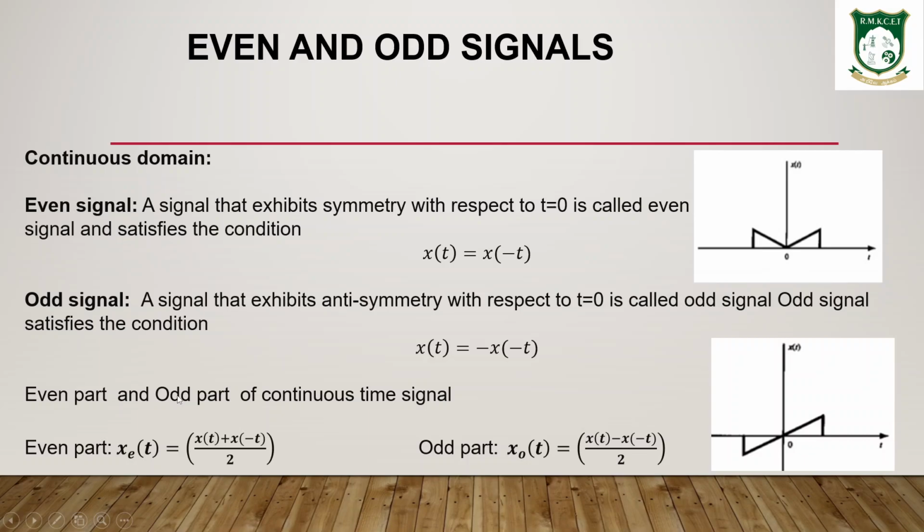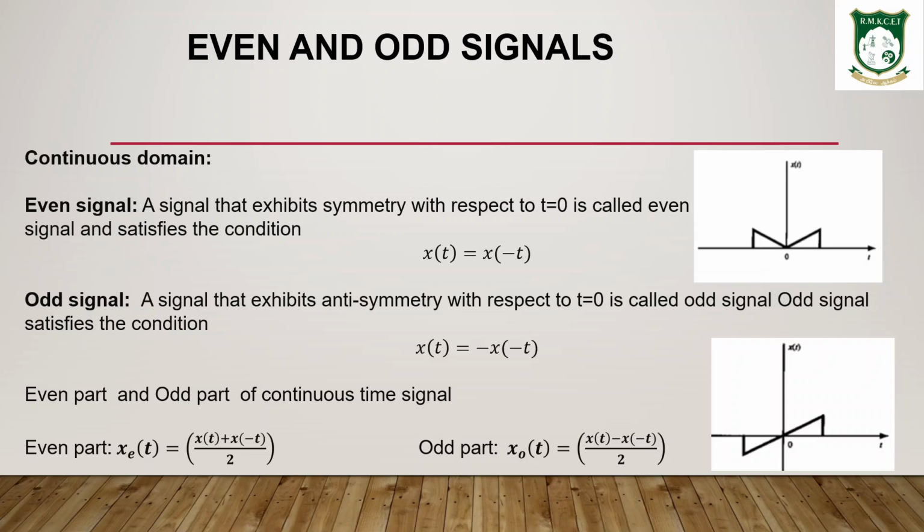And these are the even and odd parts of a continuous time signal. Any signal can be represented in terms of even part plus odd part. x of t is equal to xe of t plus xo of t, where xe of t is the even part and xo of t is the odd part. These are the formulas.